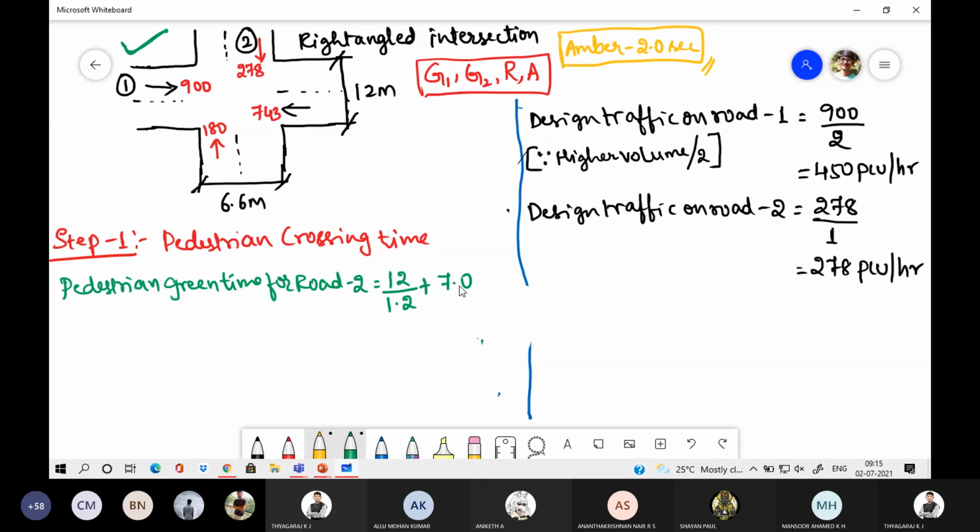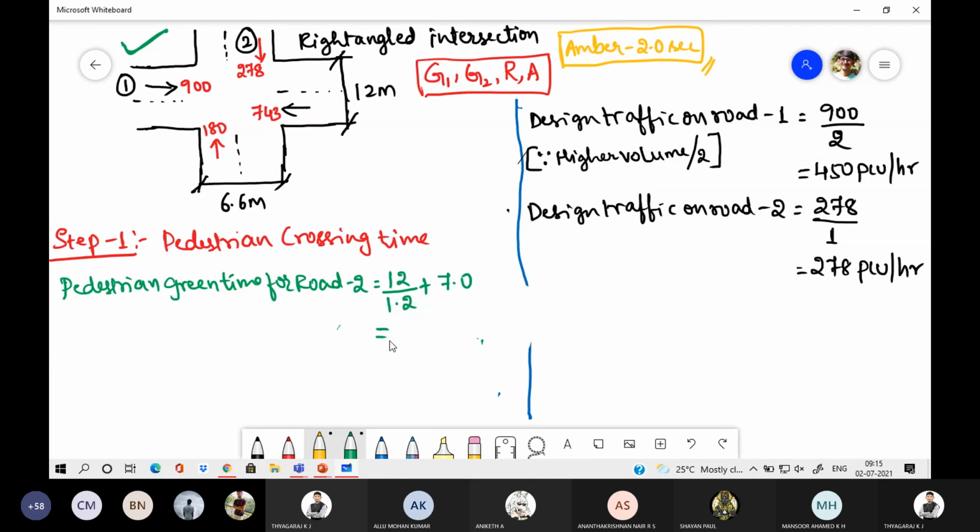So note down pedestrian green time for road 2. We have to consider 12 divided by 1.2 plus 7. 7 is an empirical number which is specified by IRC.